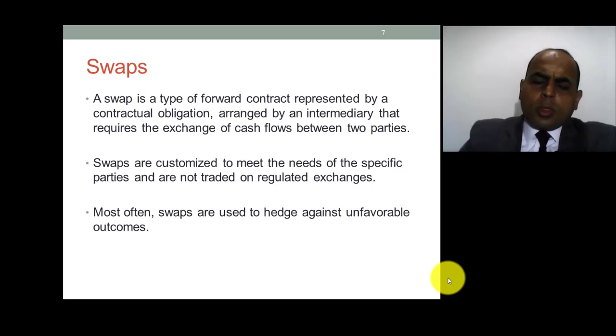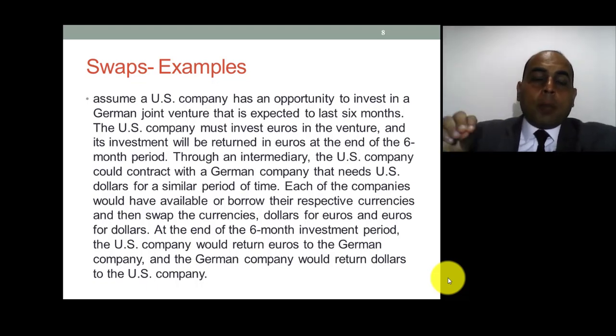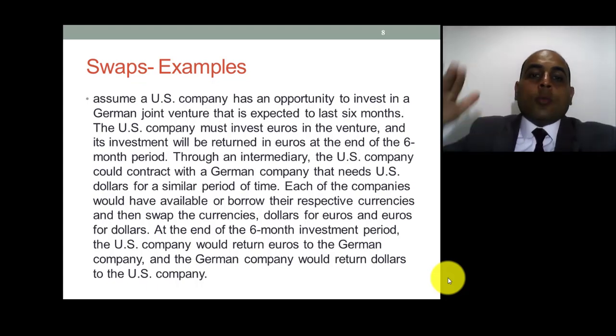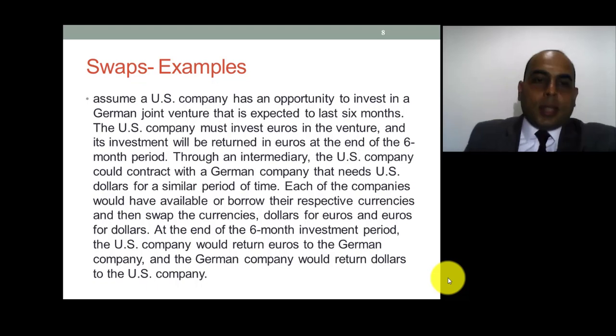The point is, what's the benefit of an interest rate swap? When we enter into an interest rate swap, we aim to protect ourselves against the variability of interest rates, or against the fluctuation of interest rates. Here, mostly the interest rate is determined according to LIBOR. LIBOR is the London Interbank Offered Rate.